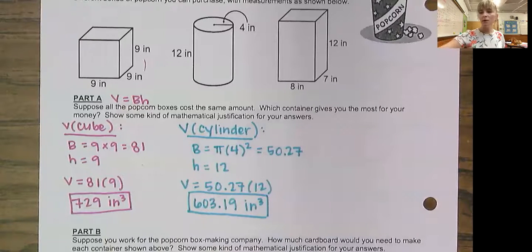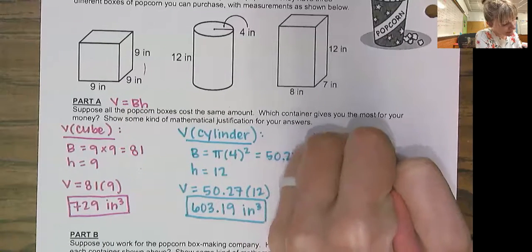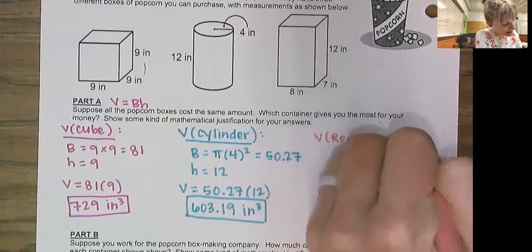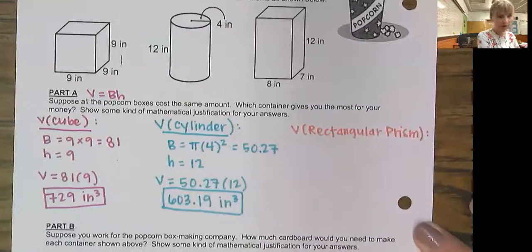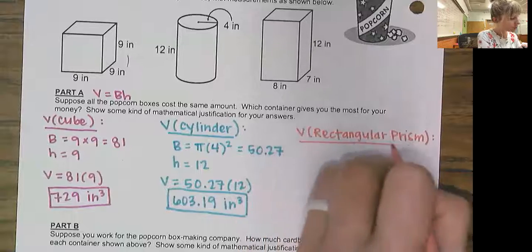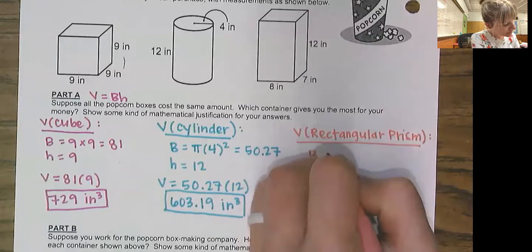All right, and one more. Now we're going to do the volume of the rectangular prism. And since this is a review of everything we've been doing, we're writing down all our vocabulary, keeping track of all of our work, showing how mathematical and formulaic we can be about this stuff. Area of the base.